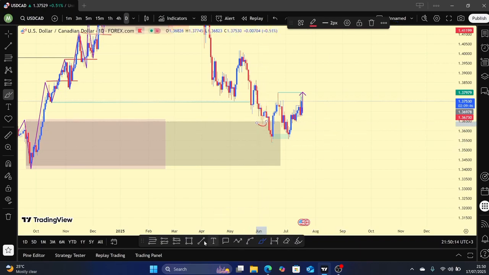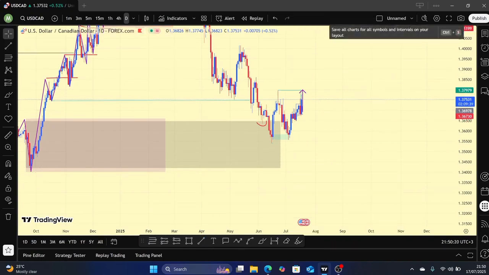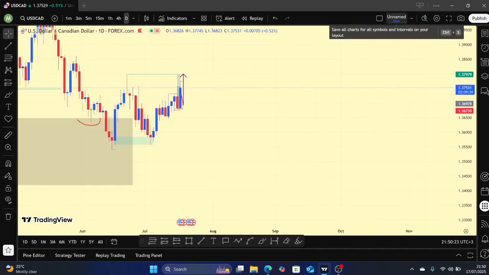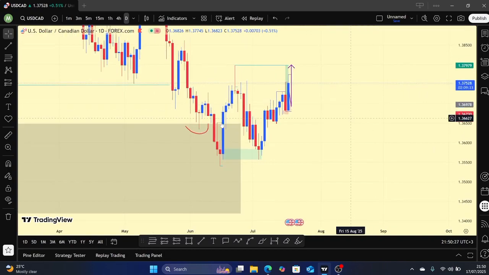And I said that morning star pattern. We said that we will be looking at these patterns, morning star pattern, evening star patterns, and right here we can clearly see that. Right. So here price was coming into the zone and the sellers were dominating.